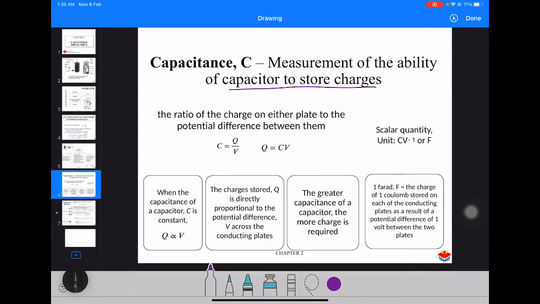Like I told you before, the main formula is C equals Q over V. It is a little bit similar to Ohm's law, where you have V equals IR, but here we have C equals Q over V. If I rearrange in terms of Q, it will be Q equals CV, since C is basically a constant, like R. And then I can write this as Q directly proportional to V. Capacitance is a scalar quantity, and the unit that we use is farad.